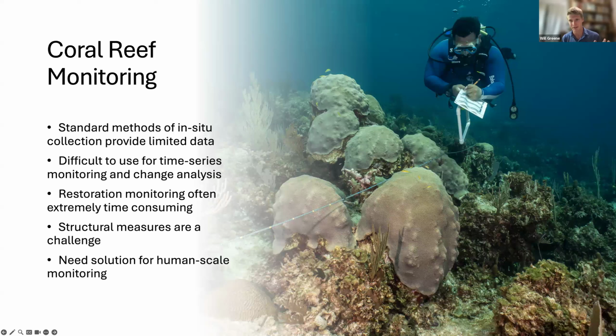We have all sorts of technologies to monitor, from a remote sensing scale on broad scales, and also down to microbial scales. There are other toolkits for that. But what I'm trying to target here is human scale monitoring. What I mean by that is the scale at which we actually see things with our own eyes, on the order of hundreds of square meters at a time.